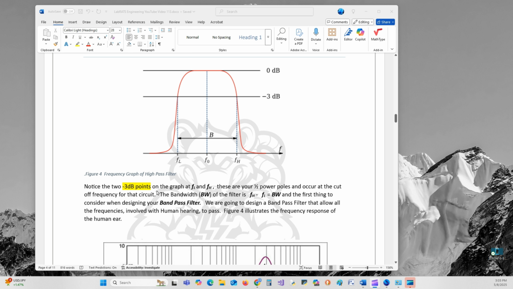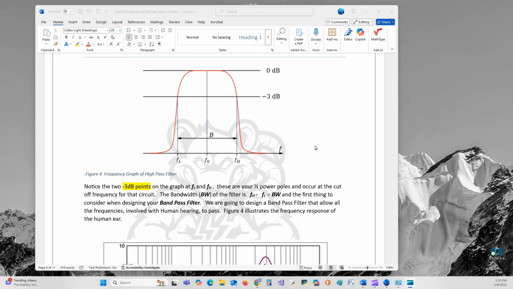Notice that the two 3 dB points on the graph are at FL and FH, low and high cutoff frequency. They are your half power points and occur at the cutoff frequency for that circuit.